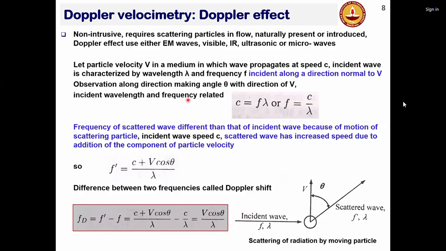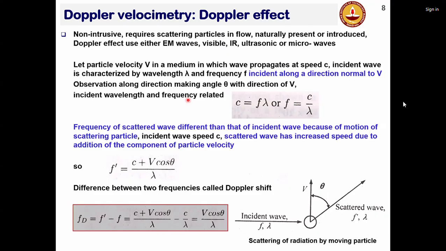It is a non-intrusive method because we are not putting any physical probe inside the flow field, or a tube or channel. We are only exposing the fluid to a sound wave.